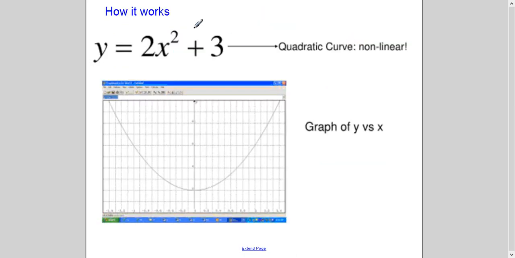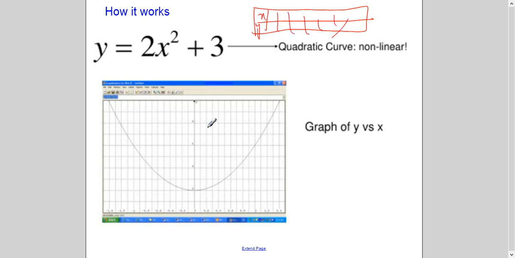Now, let's see. This is a quadratic equation. If I plot the points given to me in the graph, you will get this quadratic curve.